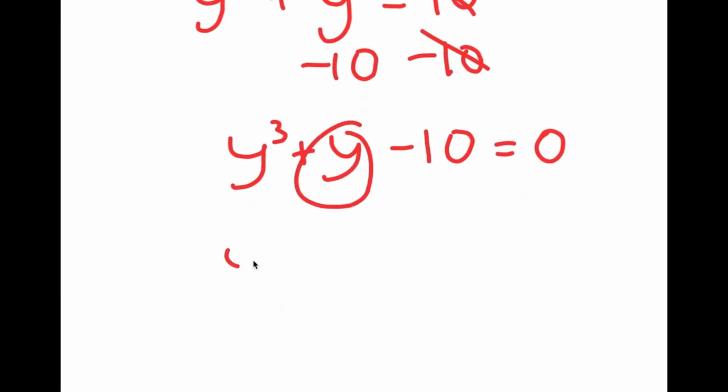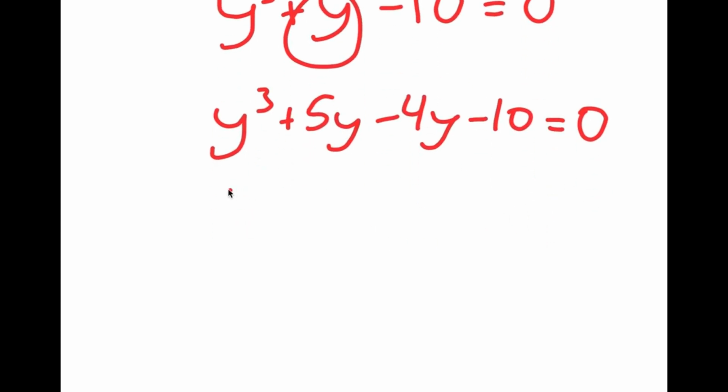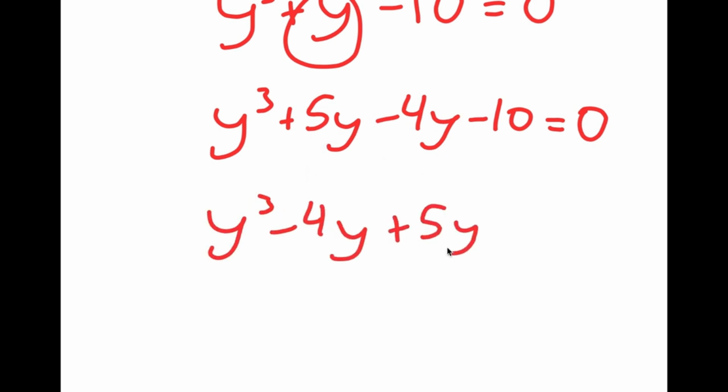And now y, I can rewrite this as 5y minus 4y. Now from here, I can factor by grouping. And before I do that, I'm going to switch the order of 5y and 4y. So I now have y to the power of 3 minus 4y plus 5y minus 10 is equal to 0.